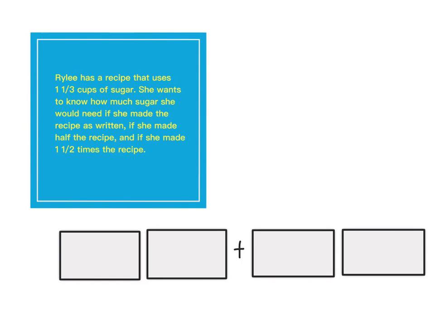If she is making 1 1/2 times the recipe, she's going to use 1 1/3 and 1/3.